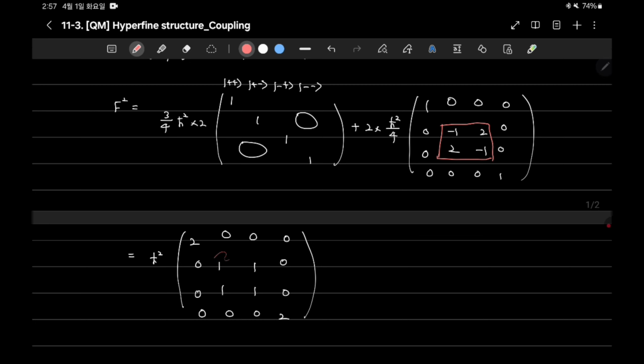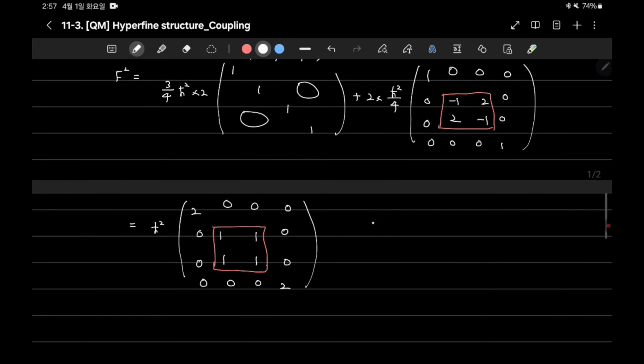It is also a degenerate Hamiltonian. A degenerate Hamiltonian should be diagonalized, so we should diagonalize this subspace. It is 1 minus lambda, 1, 1, 1 minus lambda, so 1 minus lambda squared minus 1 equals 0.